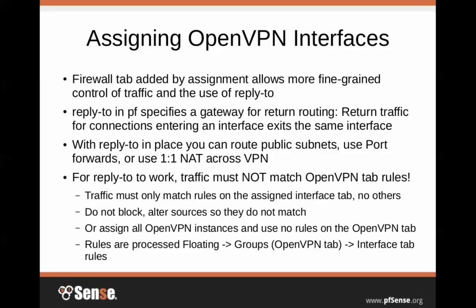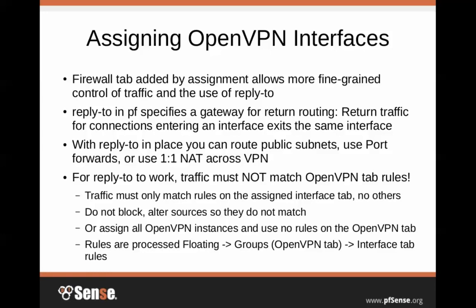We've seen some situations, especially with data center relocations and things like that, where you need to push traffic from one to the other, where your source is going to be something on the internet, so you can't predict the source to accurately route that back. Using a setup like this with reply-to lets that work because it doesn't really have to care about the system's routing table. It knows that, hey, that request came across this VPN. When that reply comes back, it needs to go back across that VPN.